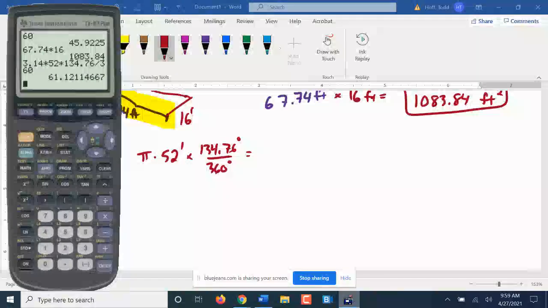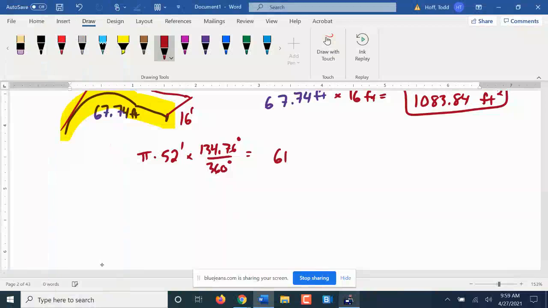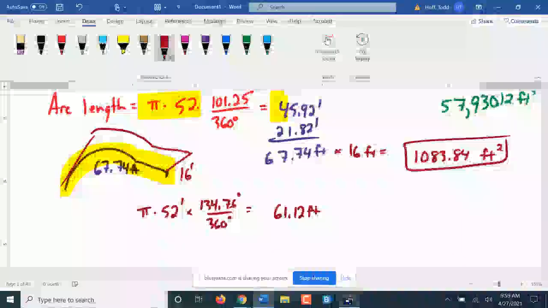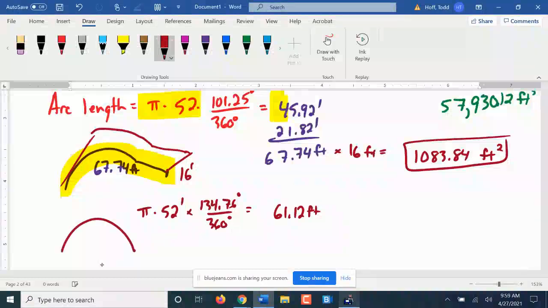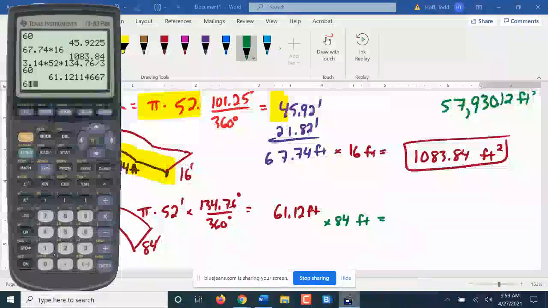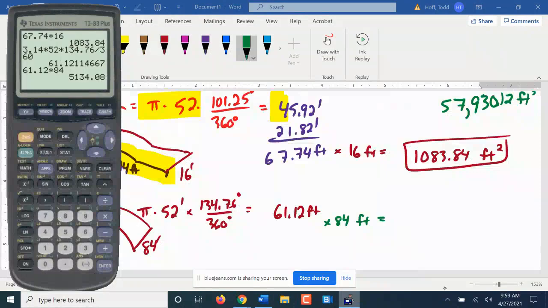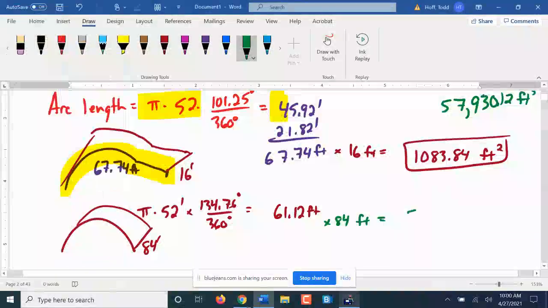Gives us 61.12. So that's the length of that whole roof. We have to multiply that times 84 feet, which is how far that roof extended. So 61.12 times 84 is 5,134.08 square feet.